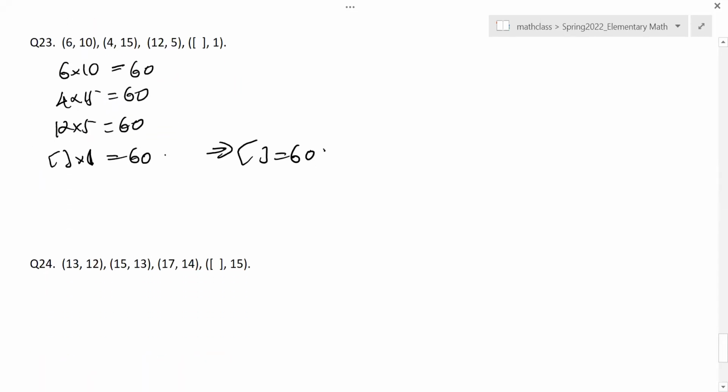So how about 13, 12, 15, 13, 17, 14, something, 15. So you see that this is increasing, right? That's my hint. And also the other number is increasing too.